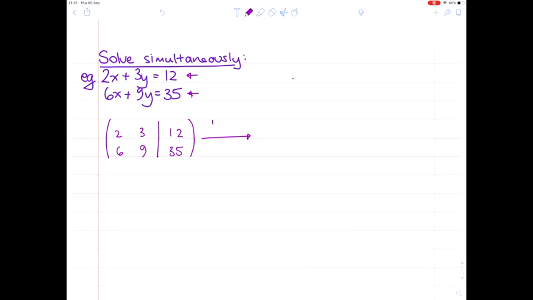Same first step, we want to divide the top row by 2. This is exactly the same as we had before, not changing our second row at all. Now we need to turn the 6 into a 0, so I'm going to say row 2 minus 6 times row 1.